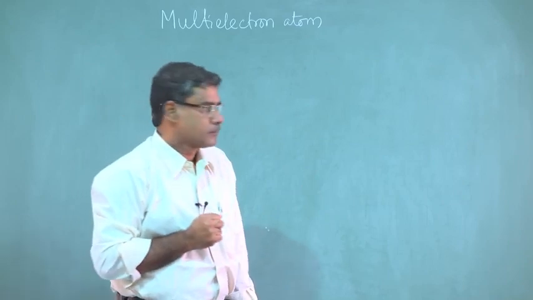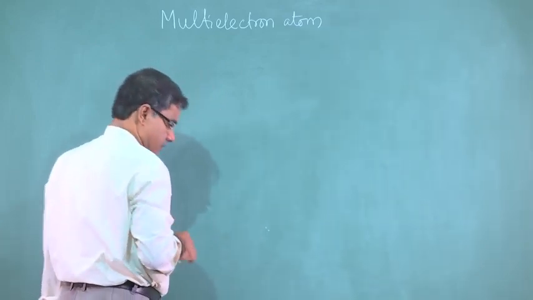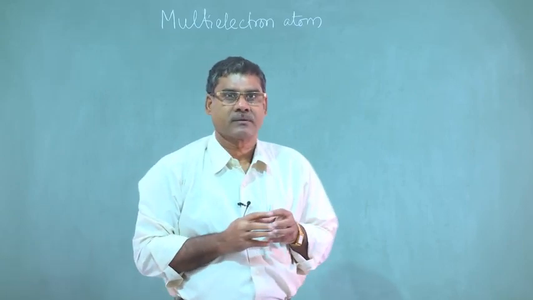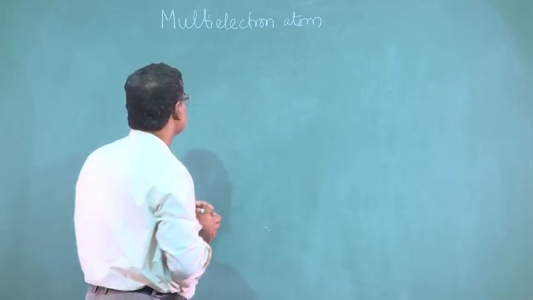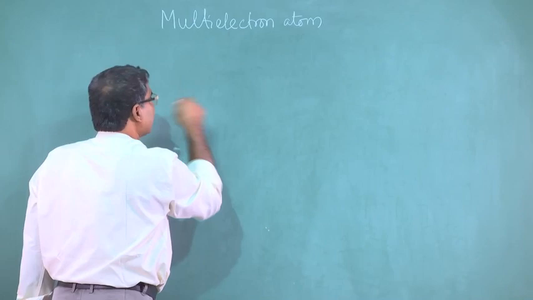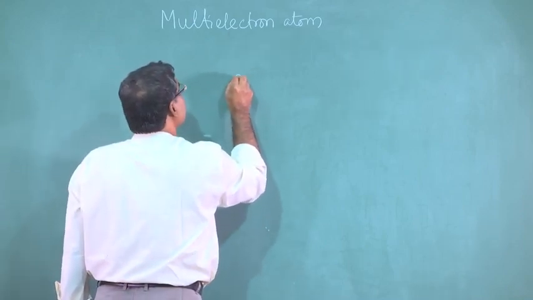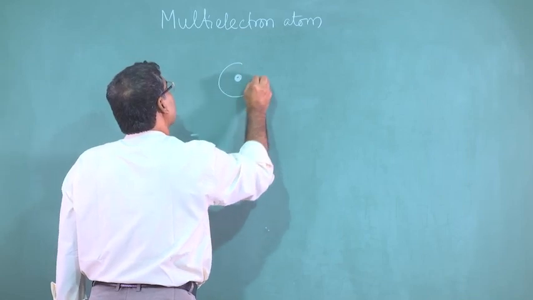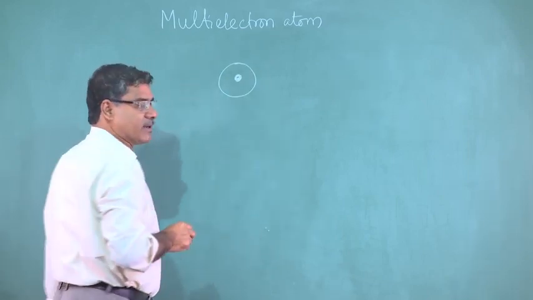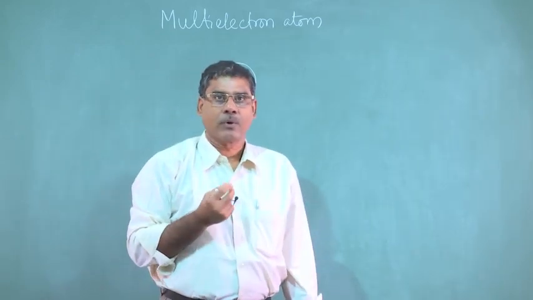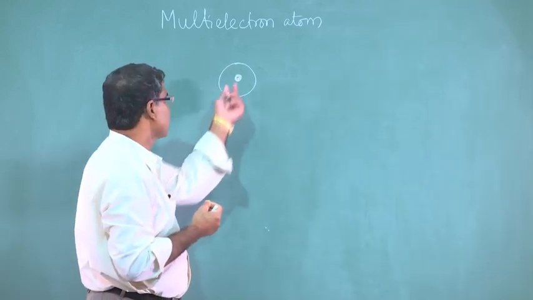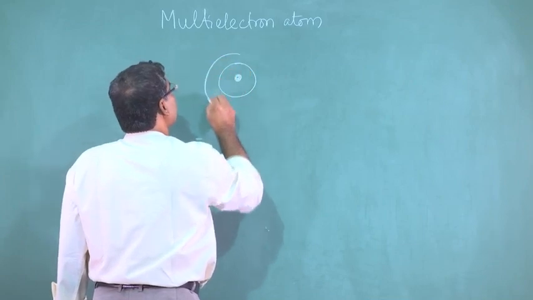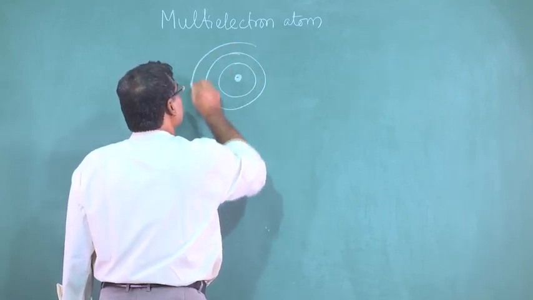The atom has a nucleus, and in that nucleus protons and neutrons are there, and electrons are revolving in different orbits.